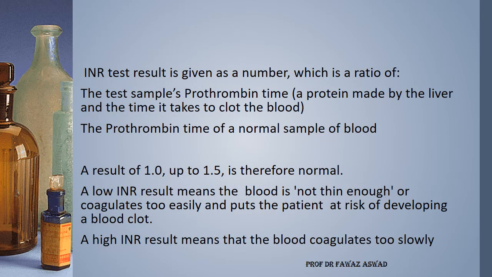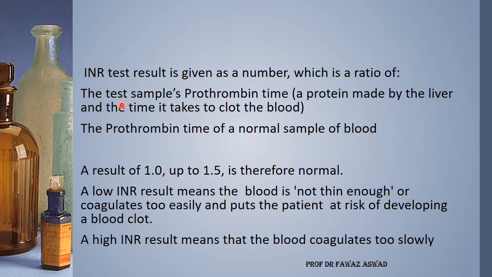What we mean by INR test, it is given as a number, in fact a ratio, comparing the test sample prothrombin time, a protein made by the liver, which is made to clot the blood. Then it refers to that type of protein which is made by the liver.